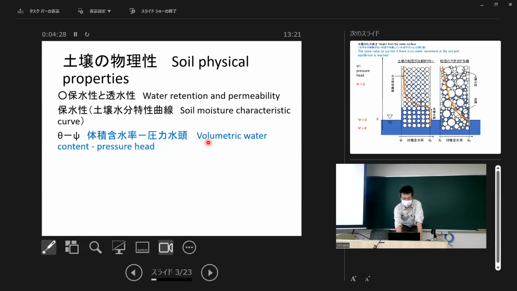That is a kind of volumetric water content versus pressure head. And it's better to know this word, the soil moisture characteristic curve. It's about water retention, and as a keyword, this is the soil moisture characteristic curve.